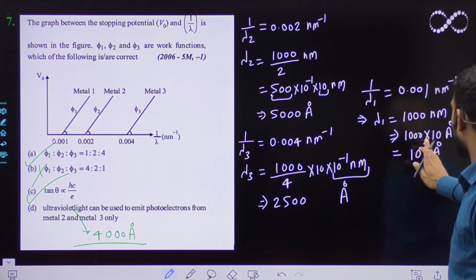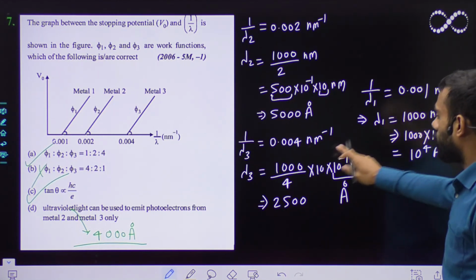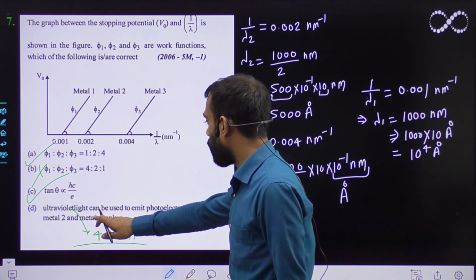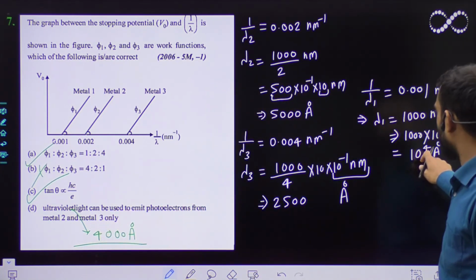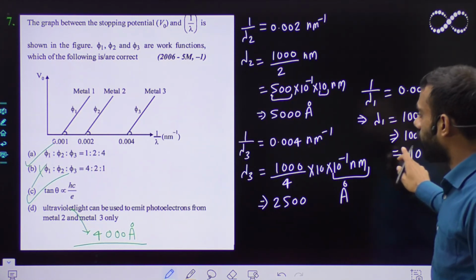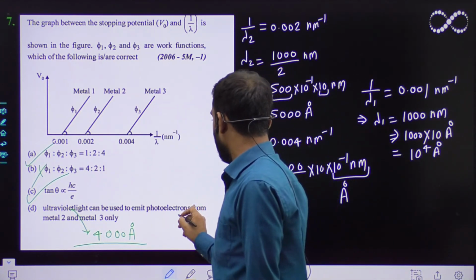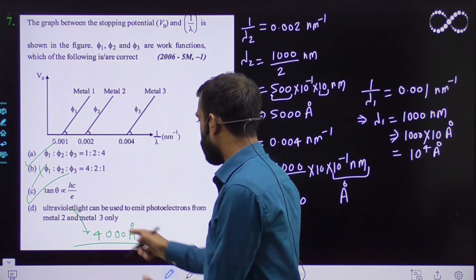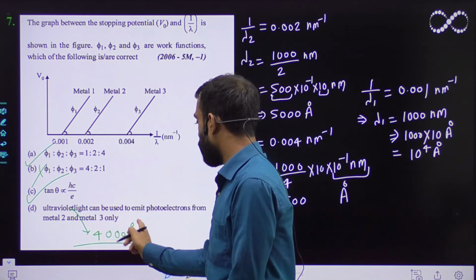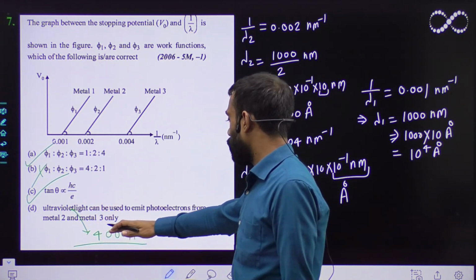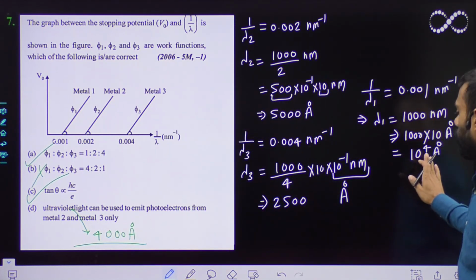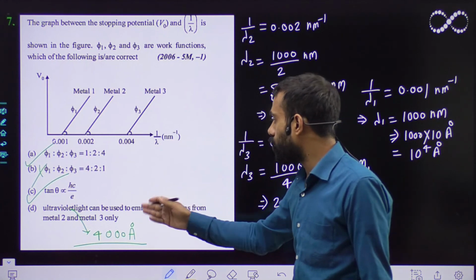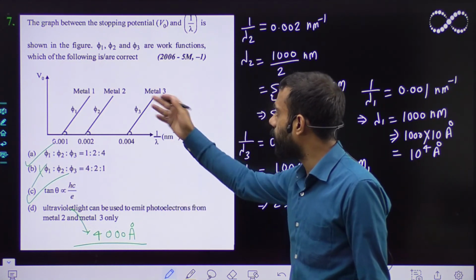Since the wavelength of ultraviolet is less than this cutoff, this option is obviously wrong, because the ultraviolet wavelength is less than the cutoff wavelength of metal 1. So ultraviolet light can be used to emit photoelectrons from metal 1.